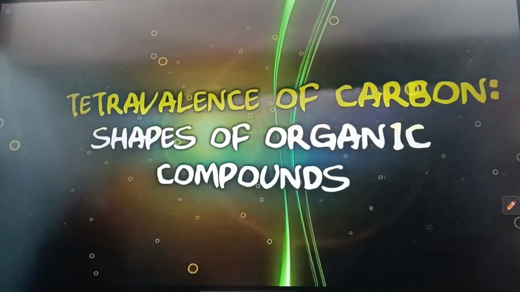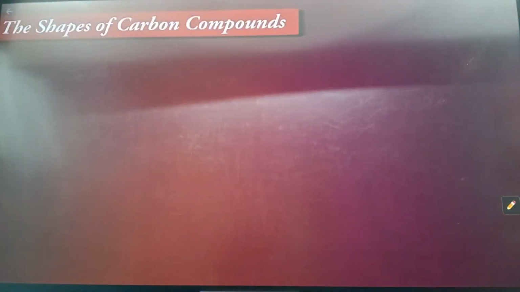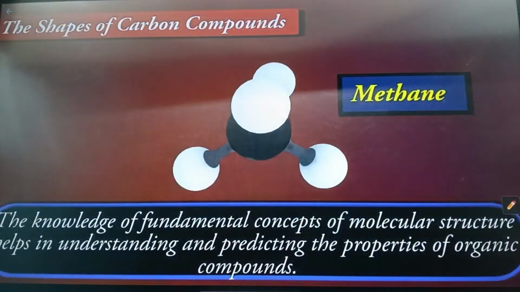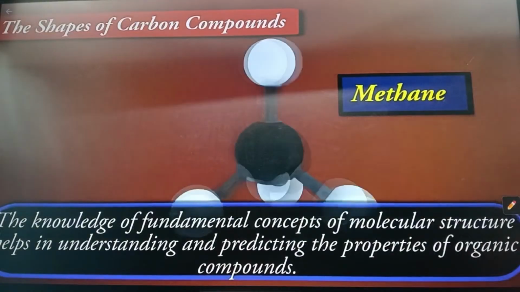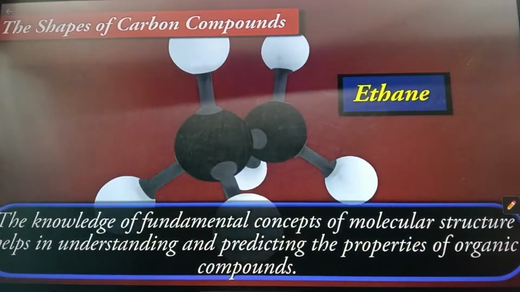Tetravalence of carbon, shapes of organic compounds, the shapes of carbon compounds. The knowledge of fundamental concepts of molecular structure helps in understanding and predicting the properties of organic compounds.